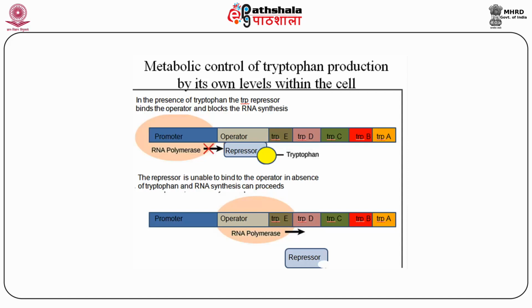switching off the operon. If tryptophan is accumulating in the cell, more and more TRP repressor molecules are activated, which can bind to the TRP operator and shut down the production of tryptophan biosynthetic enzymes.